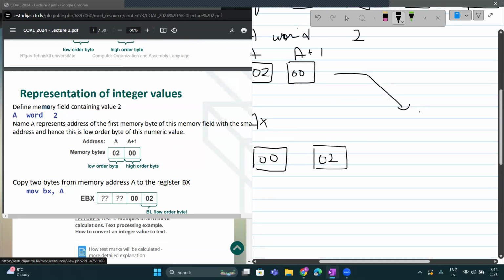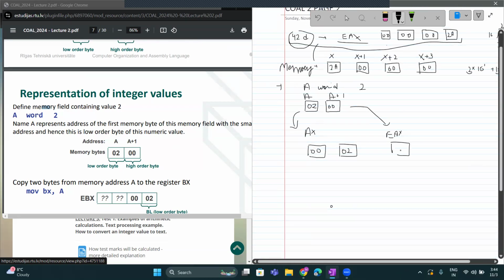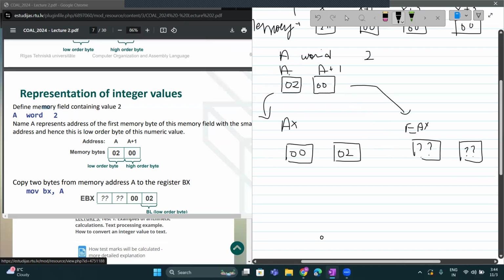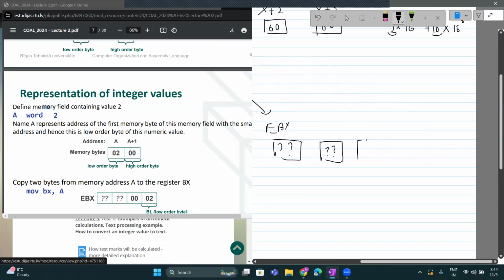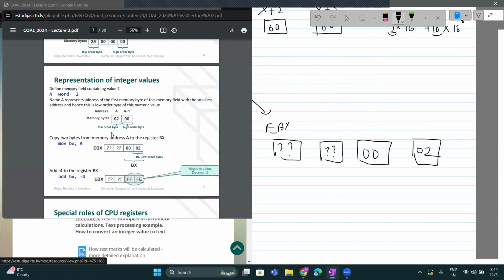Or if we copy this into EAX, we don't know what's in the first place because this was word format. It just had 2 bytes. We don't know what is in the rest of the 2 bytes in EAX. And here it will be 00 and 02.